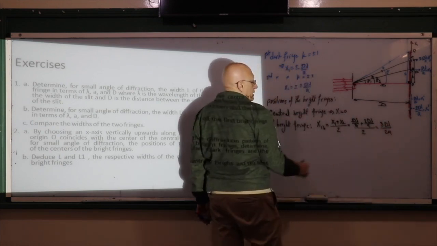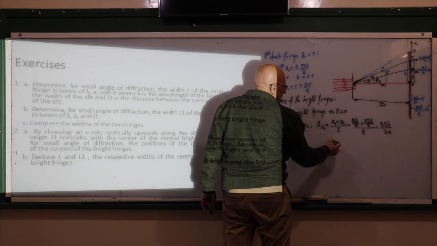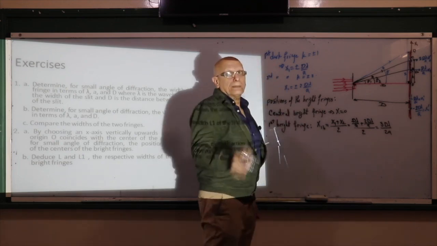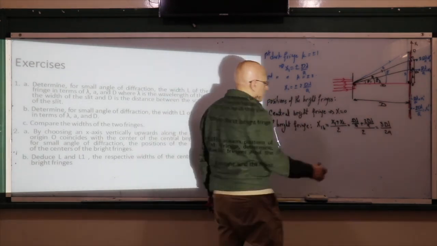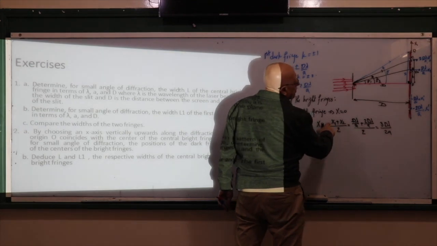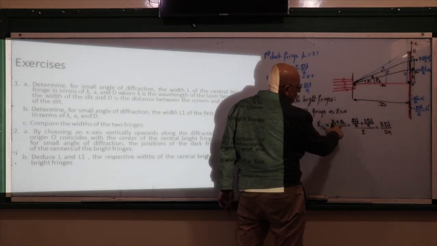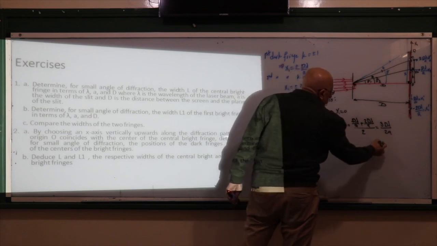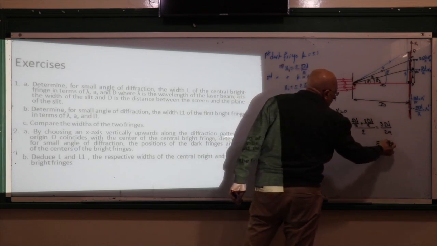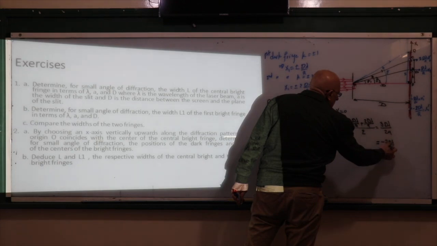Similarly, for the symmetric bright fringe, you put here minus D lambda over a, minus 2D lambda over a, you get the symmetric one, minus 3D lambda over 2a.